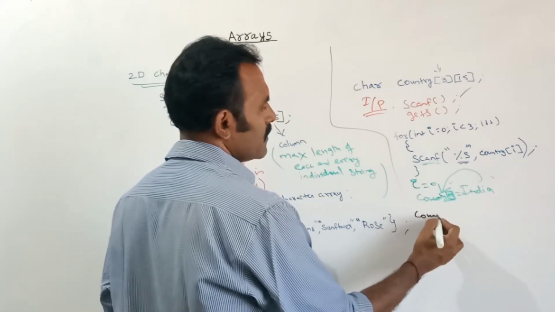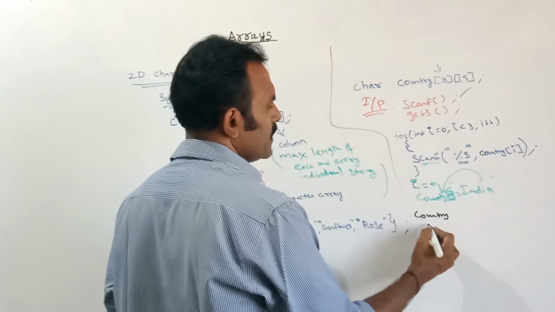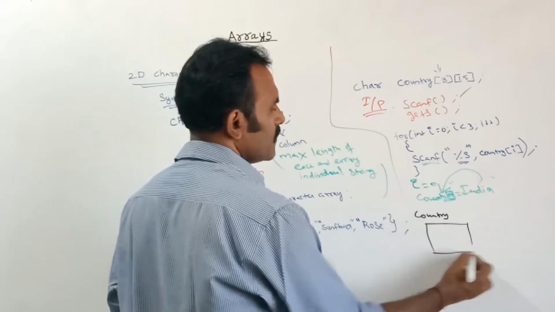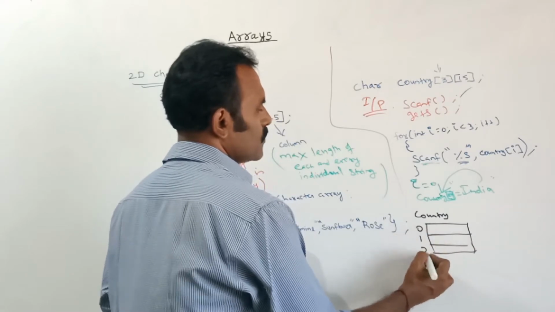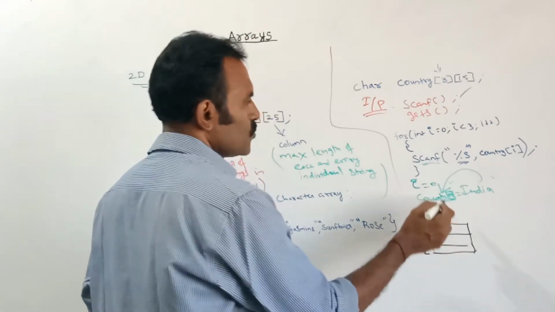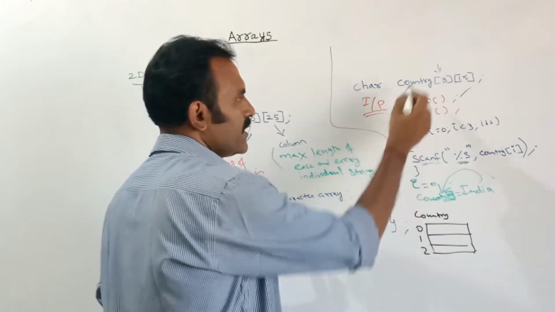Totally I have declared 0, 1, 2, that is 3 countries I can store to the variable name country.